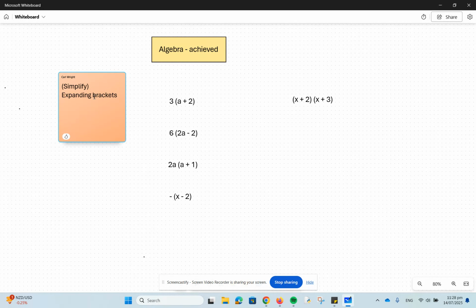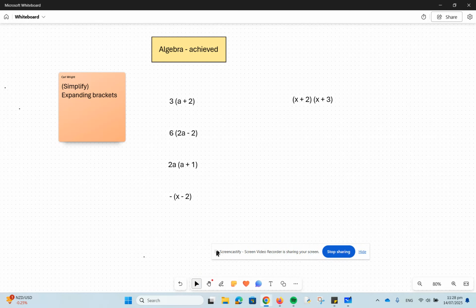Whenever you're asked to simplify and the expression has brackets in it, you are trying to remove the brackets, so there are no brackets. Simplifying, in this case, would be expanding the brackets, it's called.